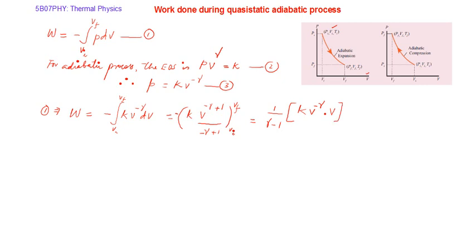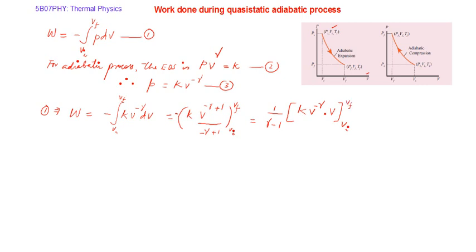So it is nothing but v raised to minus gamma into v. I'm separating out x raised to a into x raised to b equal to x raised to a plus b. I'm using that idea. So once again, it is from Vi to Vf itself.